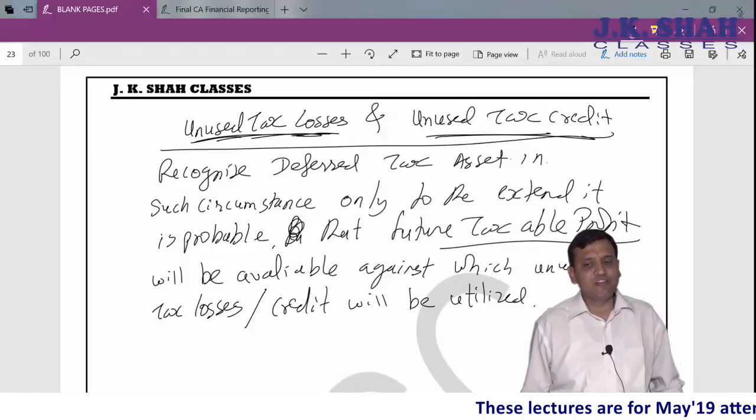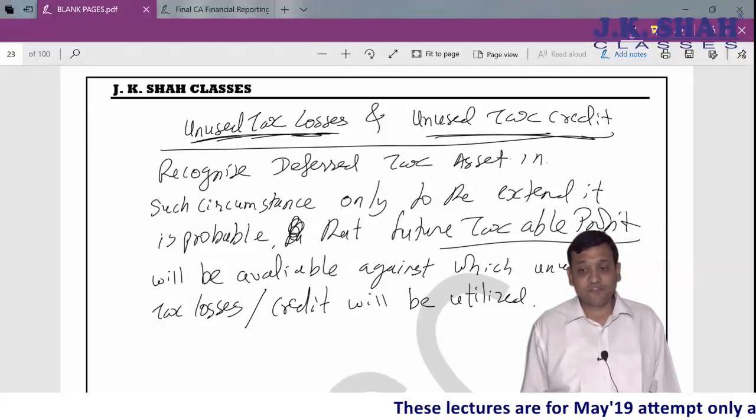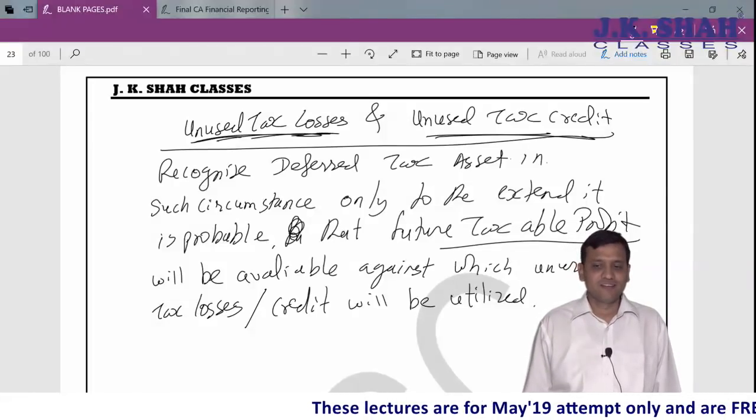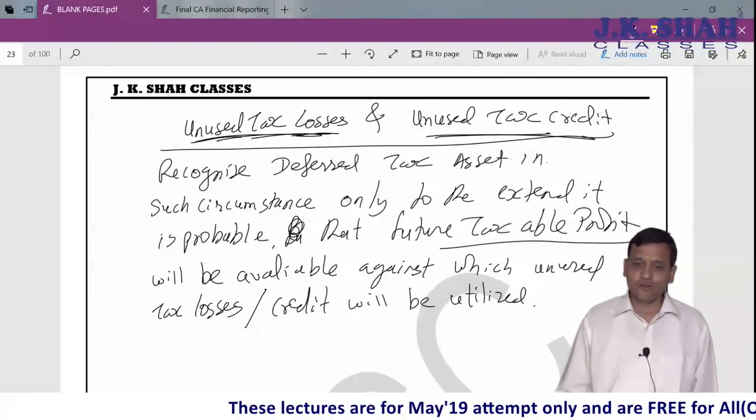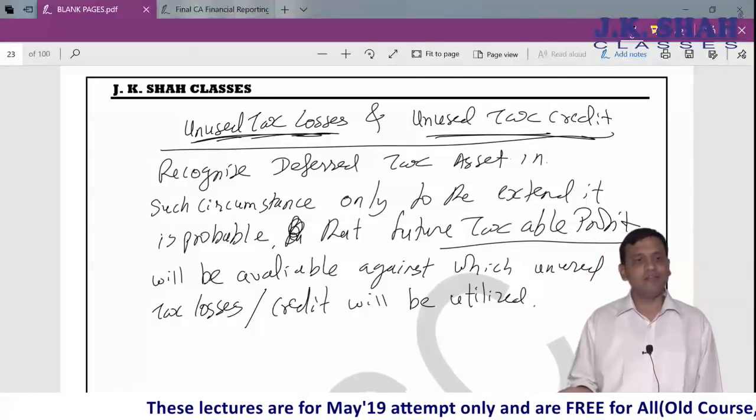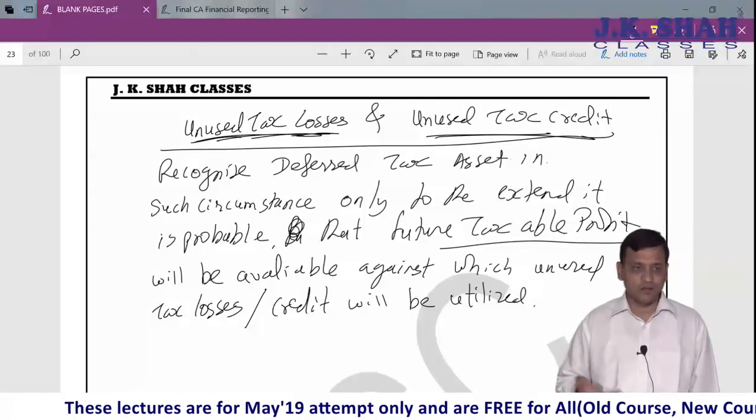In future there will be sufficient taxable profit against which this tax loss can be reversed or set off.